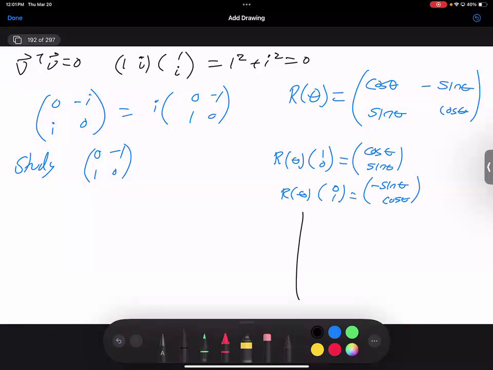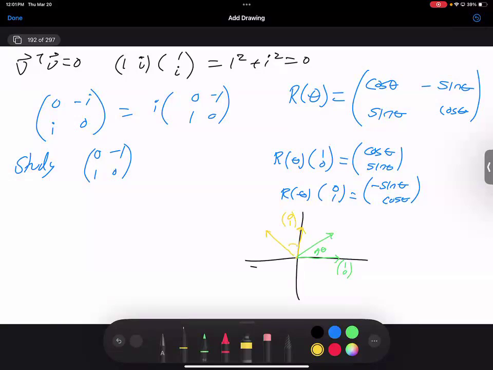So let's think about what's going on. Here are the coordinate axes. Here's the vector 1, 0. And now it moves to cosine theta, sine theta. So we've moved this theta radians. The other one is 0, 1, and now we move it to minus sine theta, cosine theta.